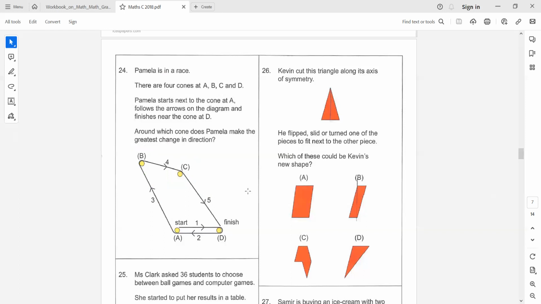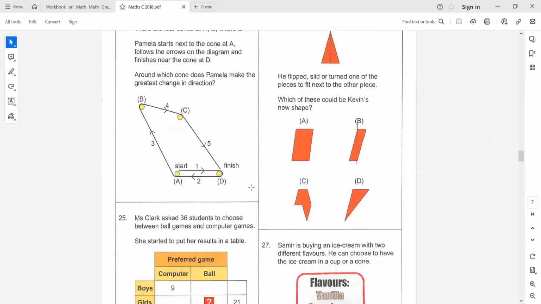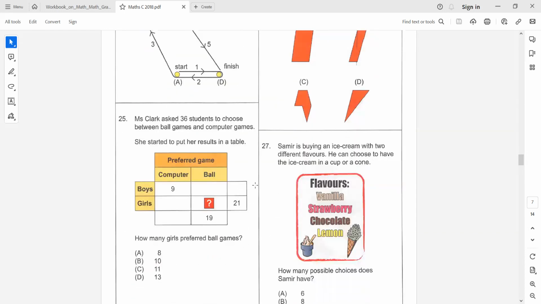The next one that I got wrong was 25. What is it? 25 is wrong? Yeah, I got 25 wrong. Miss Clark asked 36 students to choose between ball games and computer games.